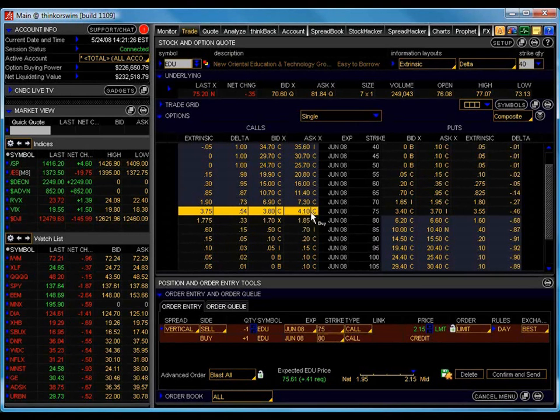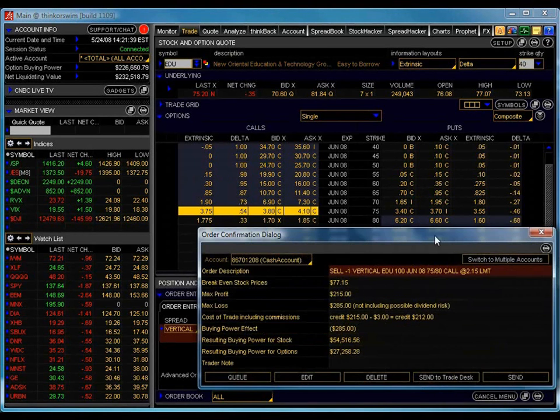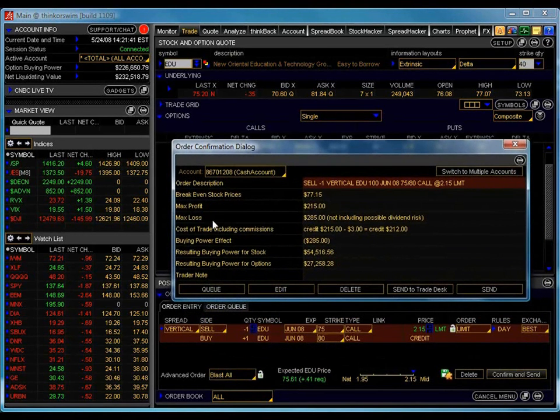This spread will be worth $5, and we will have made our maximum loss, which was $2.85, because $2.15 minus the difference in the strike prices is $2.85. That's our maximum loss. If we bring up the dialog box again, you'll see that the maximum loss is $2.85, or $285.